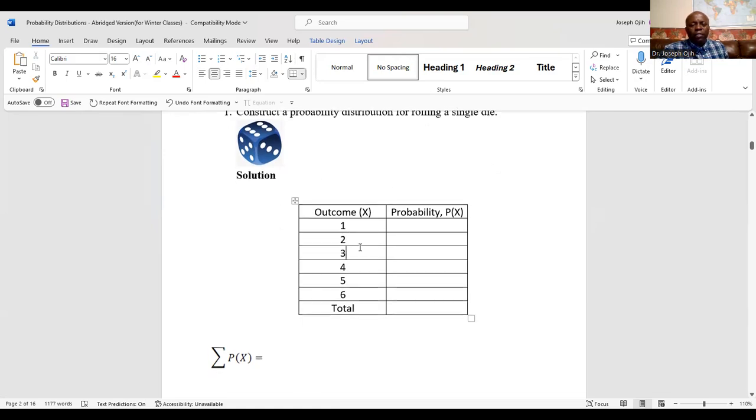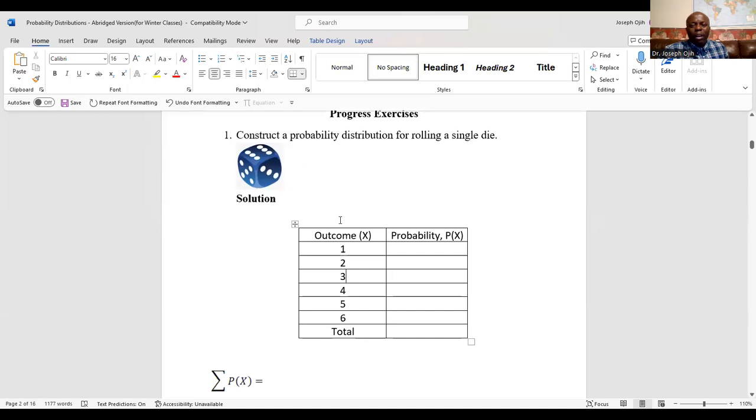For this, you know that a die has 6 sides, so each outcome has a 1 out of 6 chance. That's the probability. For 1, it's 1 out of 6. For 2, 1 out of 6. For 3, 4, 5, and 6, still 1 out of 6 each.